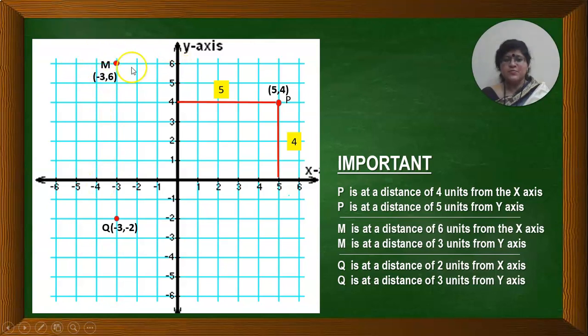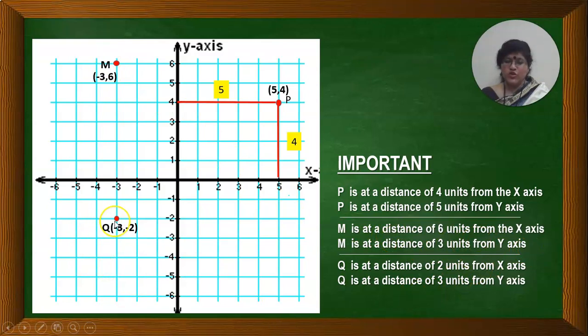So how far is this point M from x-axis? It is at a distance of 6 units from x-axis. 1, 2, 3, 4, 5, 6. And how far is it from y-axis? 1, 2, 3. So it is 3 units from y-axis.